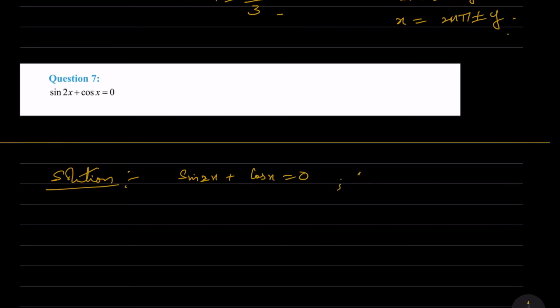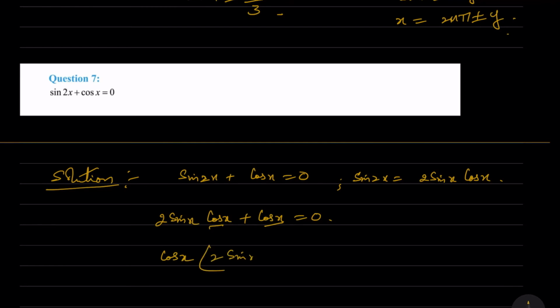You know that sin 2x can be written as 2 sin x cos x. So I will replace this in this. Therefore you get 2 sin x into cos x plus cos x is equal to 0. Now we can take out cos x common in both of them. Therefore cos x into (2 sin x plus 1) is equal to 0.